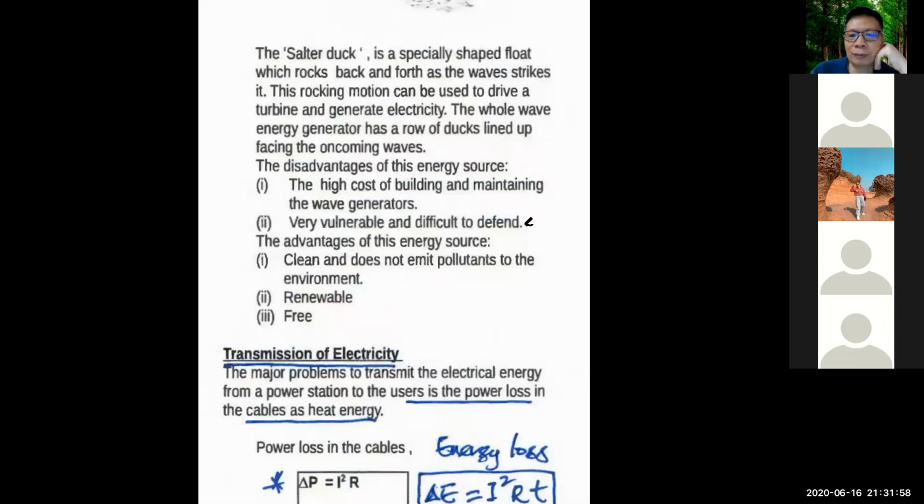Sometimes when a strong wave comes, it can destroy the whole thing. And then there is salt water, which will cause rusting very fast. And the advantages: clean, no pollution, renewable, and free. Correct or not? Okay. All right.